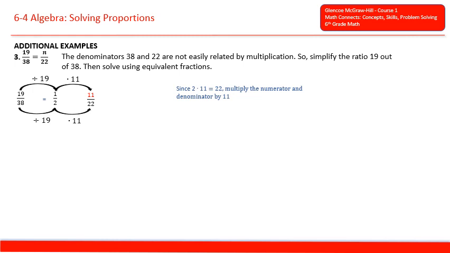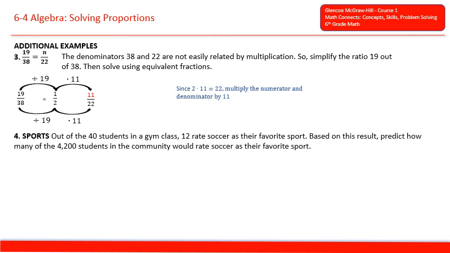Number 4, sports. Out of the 40 students in a gym class, 12 rate soccer as their favorite sport. Based on this result, predict how many of the 4,200 students in the community would rate soccer as their favorite sport. The denominators 40 and 4,200 are easily related by multiplication. That means we're going to be able to find a number that we can multiply times 40 to get us 4,200.